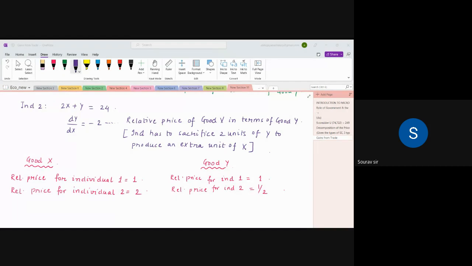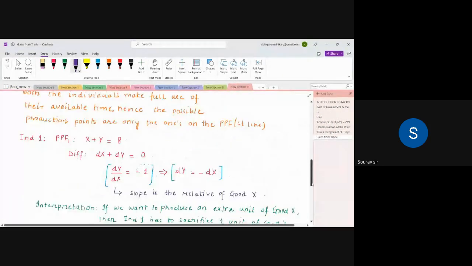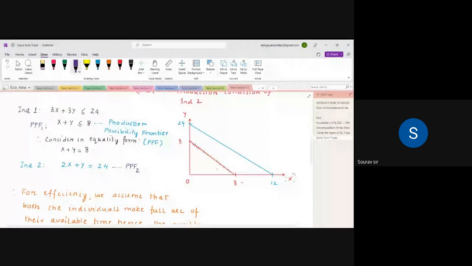If they don't trade, then whichever point they choose on their PPS will be not only their production point but also their consumption point. These two individuals are producing these two goods as well as deriving utility by consuming them. So if they are not trading amongst themselves, the production point would be exactly equal to their consumption point, right? Any questions from anyone regarding this?